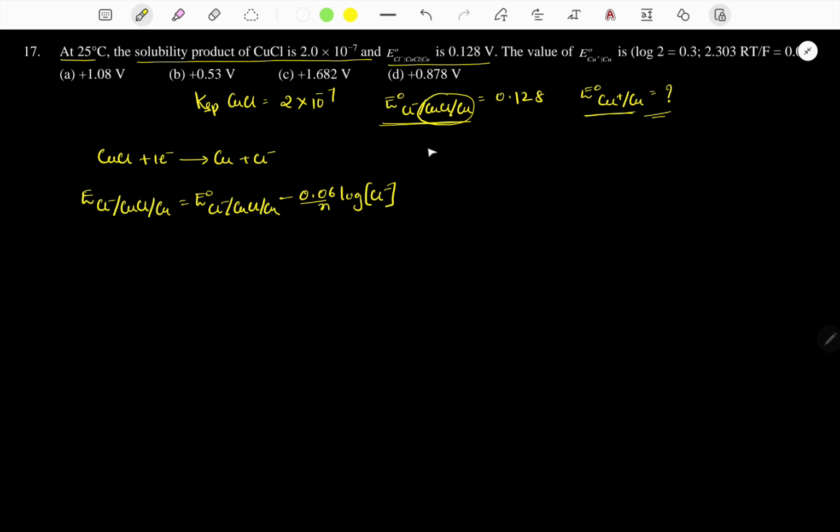It is one equation. And another one, Cu plus 1 electron gives Cu. Therefore E of Cu plus to Cu equals E naught of Cu plus to Cu minus 0.06 by n log of 1 by Cu plus concentration.